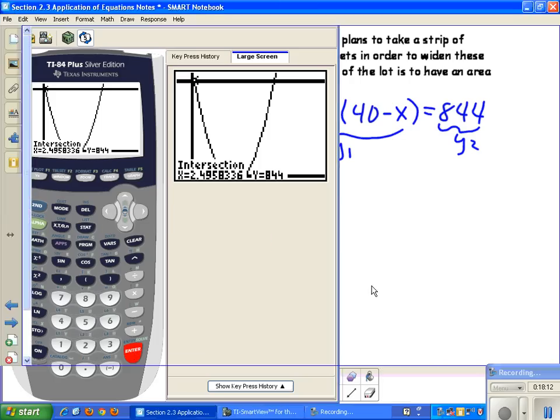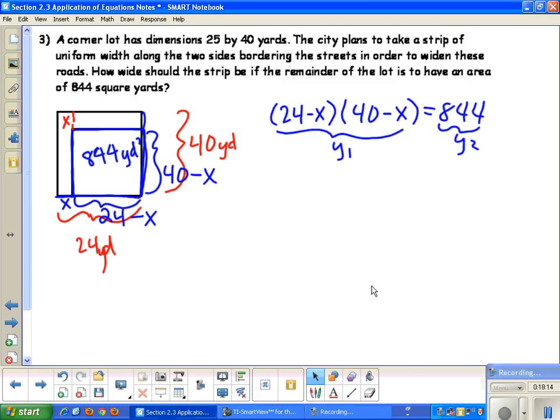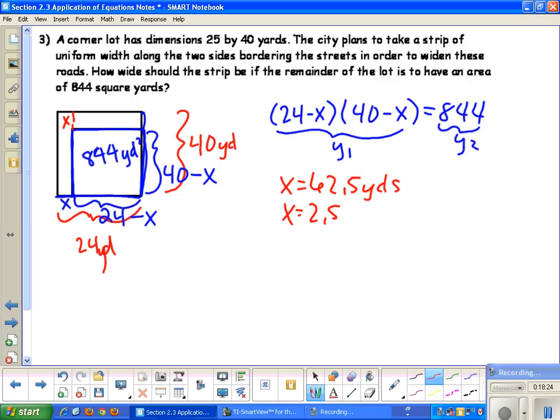So now if I go back here, when we solve this, we got again x is equal to 62.5 yards, and x was equal to 2.5 yards.